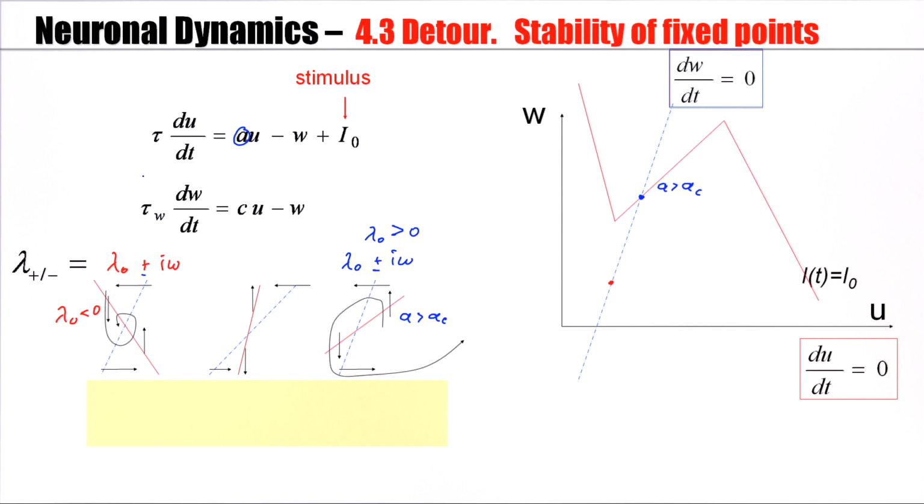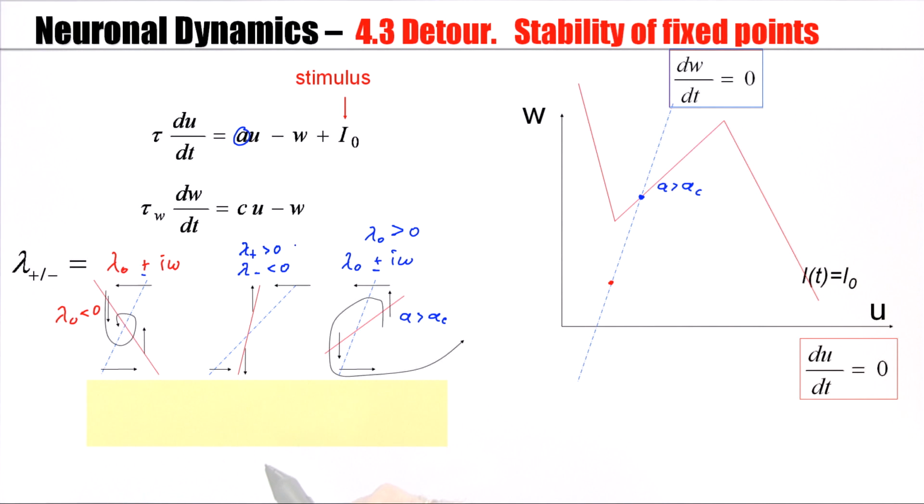In the same way, we can also analyze the third pattern, which is not visible here on the right-hand side. And in this case, I have two real eigenvalues. Lambda plus is positive and lambda minus is negative.